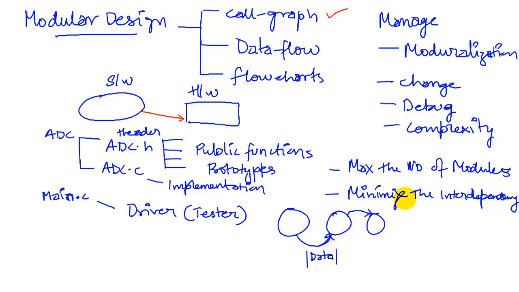Now, we want to make sure that these modules are not exchanging huge amounts of data. And if two modules are exchanging a lot of data, maybe there's some reason to think of them as one single module. And so we want to maximize the number of modules, but we also want to minimize interdependency, because when the exchange of data between modules gets too much, the communication becomes a bottleneck.